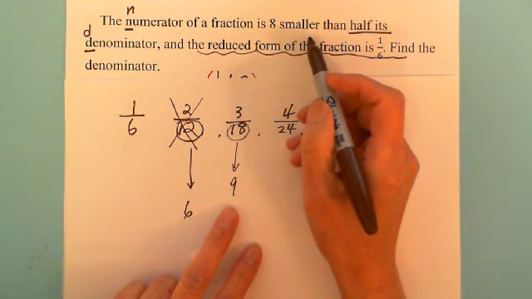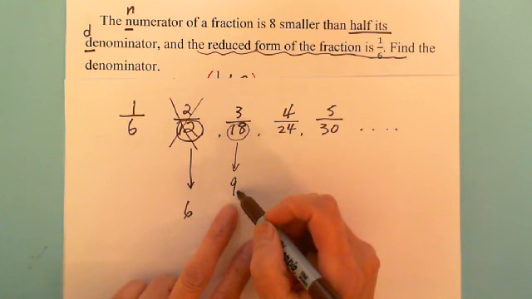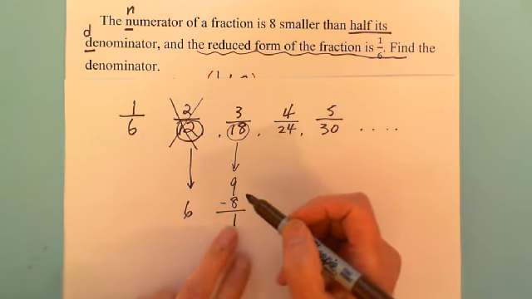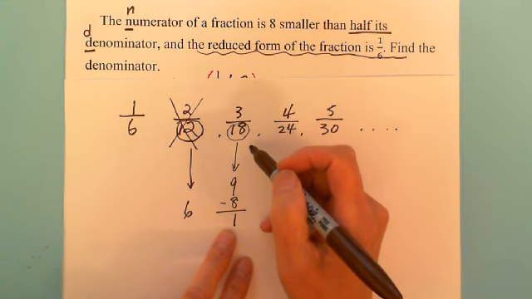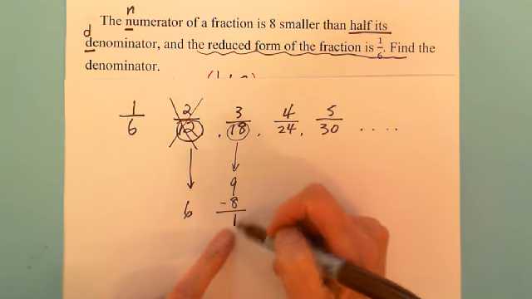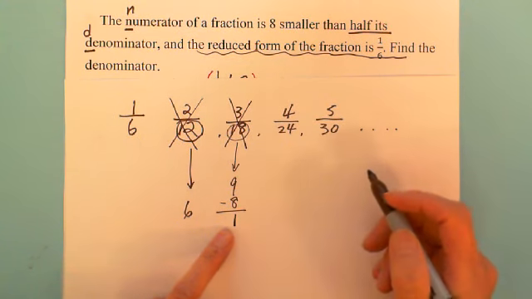Then 8 smaller than half its denominator, so you subtract 8, you get 1. But the numerator is 3, and 3 is not 1, right? Half of 18 is 9, 9 minus 8 is 1, but we have 3. So this is not working as well.